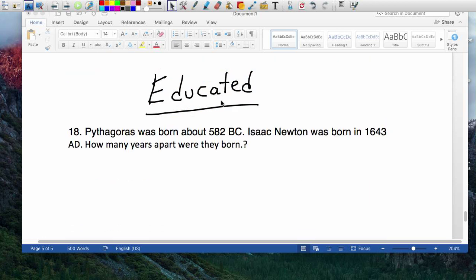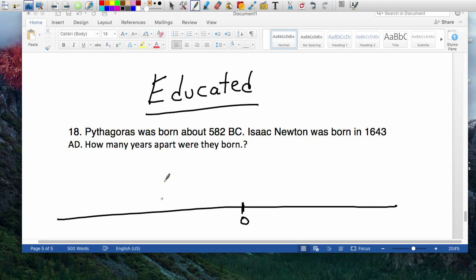Pythagoras was born at 582 BC. So let me make a timeline at the bottom, just like a note. So here's year 0. This is considered BC, and this is considered AD. Pythagoras was born at 582, which we would consider negative 582. Isaac Newton was born in AD 1643. So how many years apart were they born?